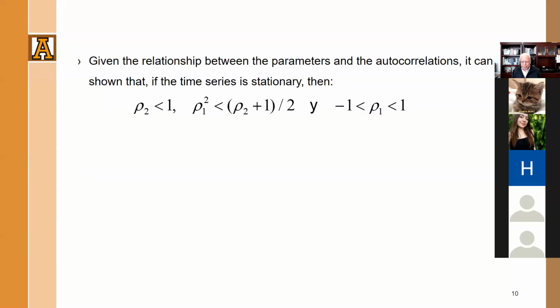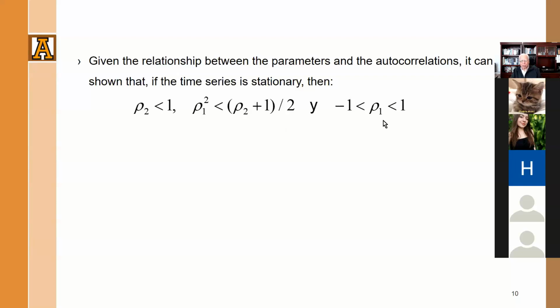Now, if the series is stationary, then we know the conditions on phi1 and phi2, because that's given by the Yule-Walker equations, and the two determinants will be greater than 0. So if the series is stationary, then rho 1 is going to be strictly less than 1, and rho 1 squared is going to be less than (rho 2 plus 1) divided by 2.